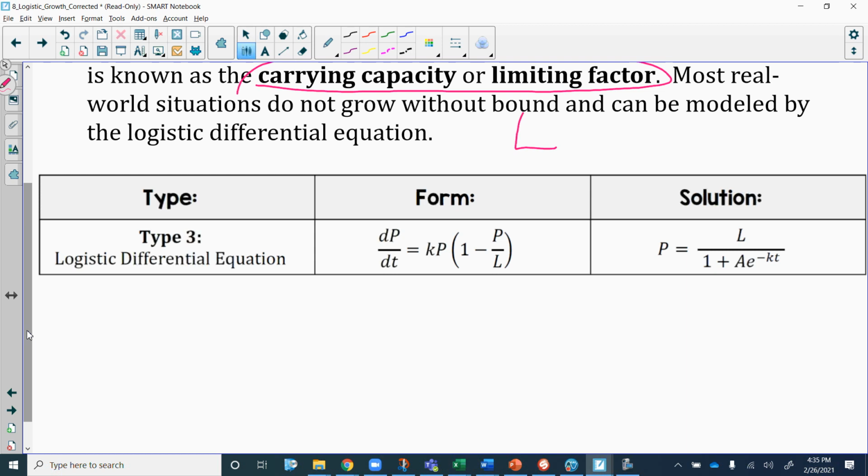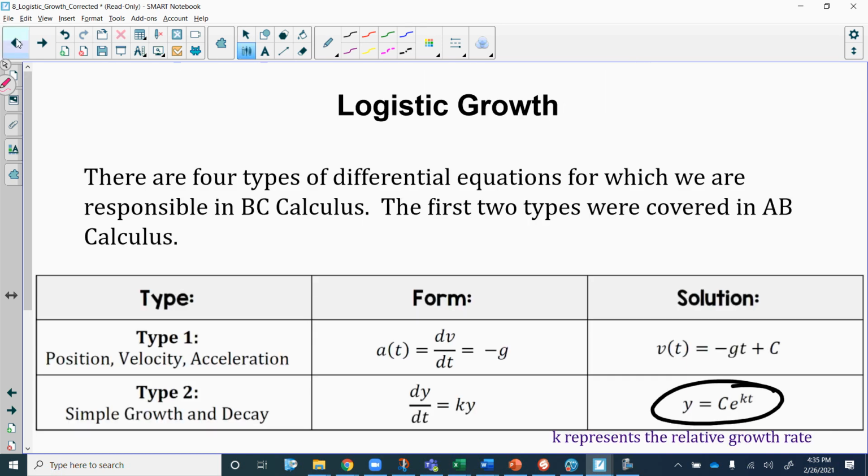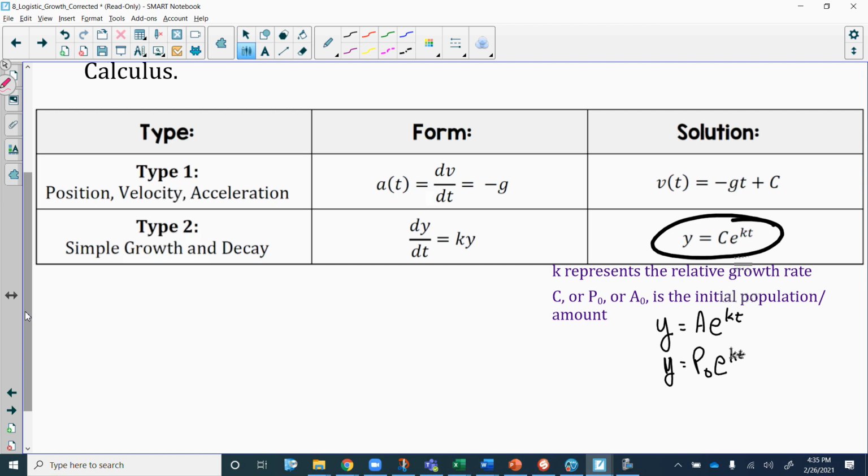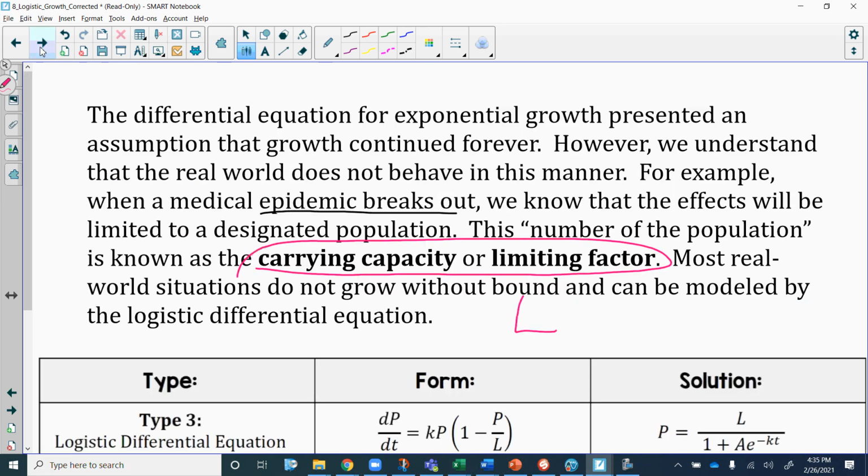And k, which I neglected to mention, whether in this or in the simple growth formula, represents the relative growth rate, whether it's increasing or decreasing. It'll be the same thing here.